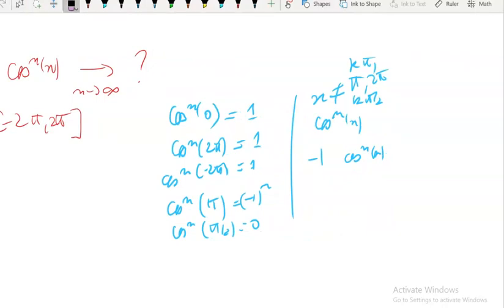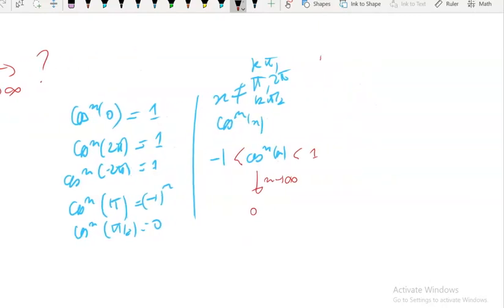That's what's good about it, that this inequality is strict. So when n tends to infinity, that goes to 0. So to sum up, when n tends to infinity, fn of x tends to 0 for all x different from k pi.